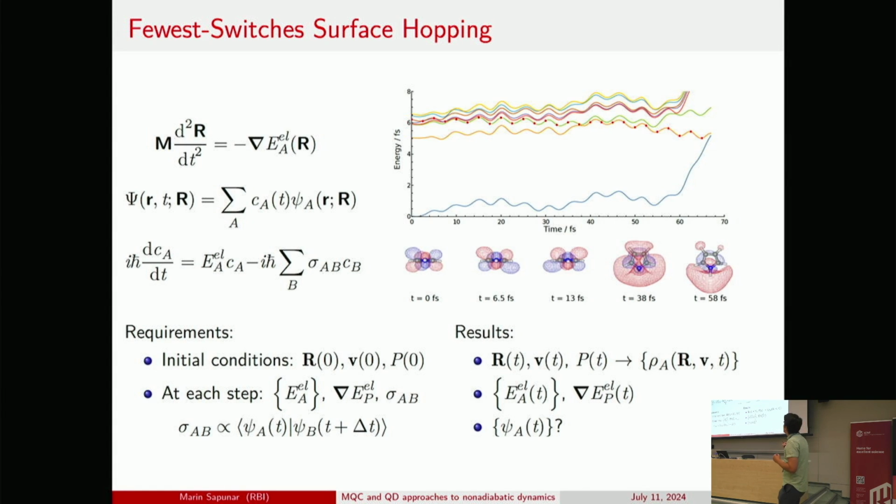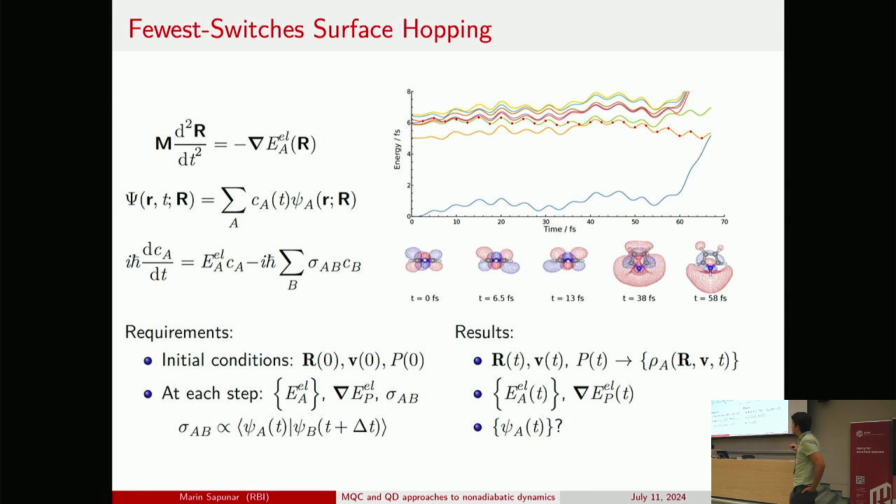But since we have multiple states, other than evolving the nuclei, we are also evolving an electronic wave function, which is a linear combination of the electronic states. And we are evolving the coefficients in this equation using the time-dependent Schrödinger equation.